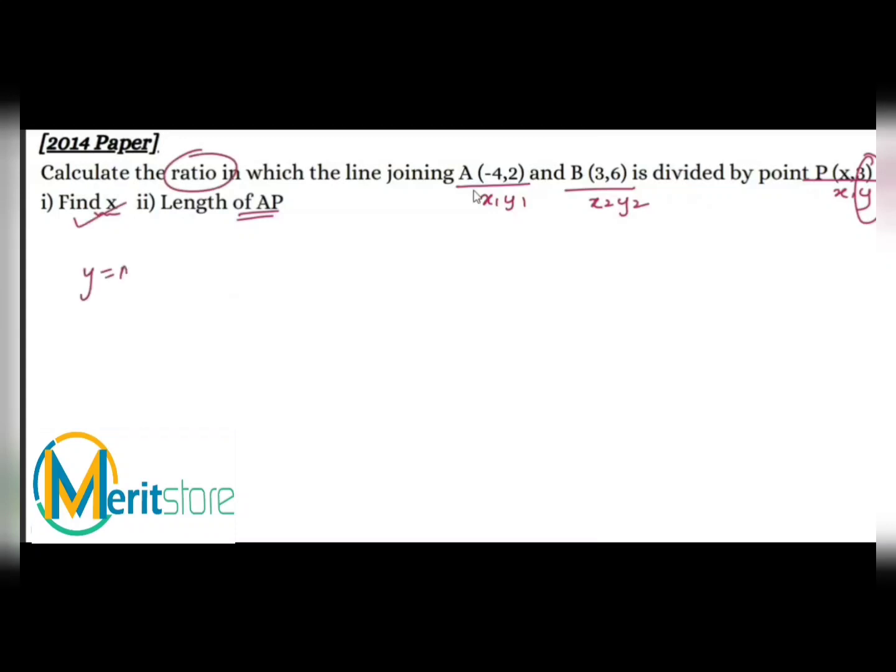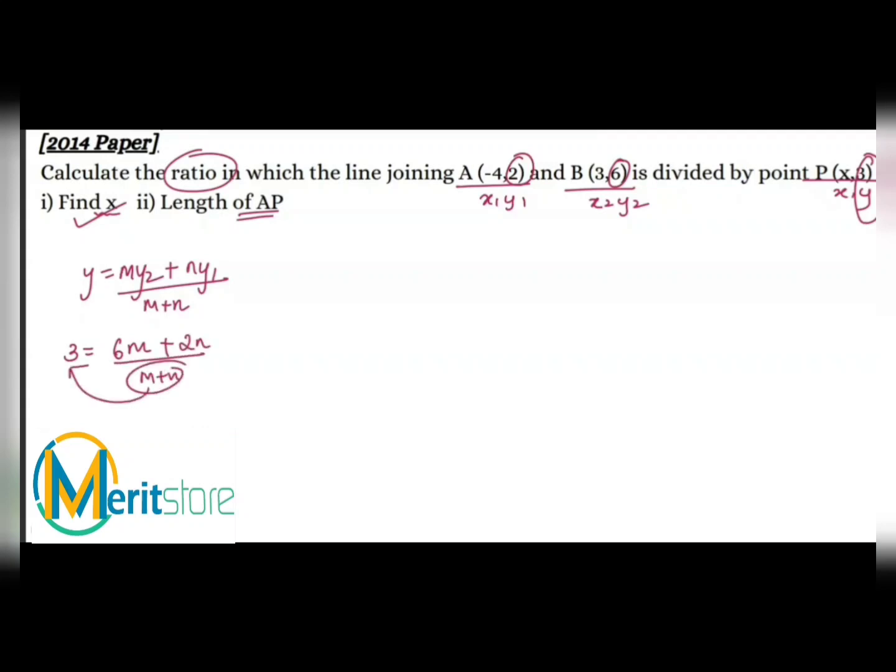So y is equal to (m y2 plus n y1) upon (m plus n). y is 3. So 3 is equal to, y2 is 6, so 6m plus y1 is 2, so 2n, upon m plus n.